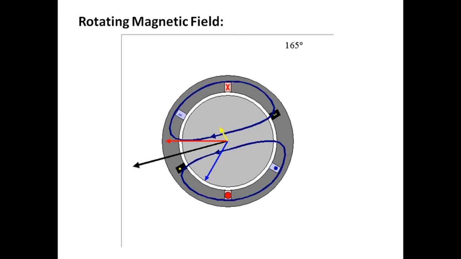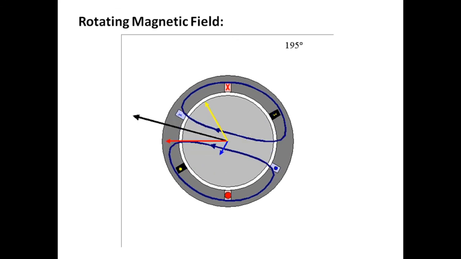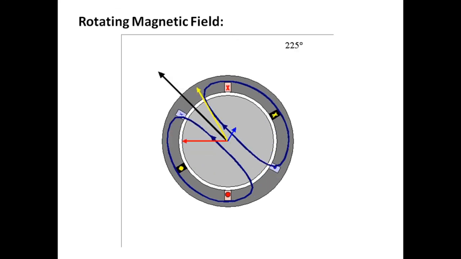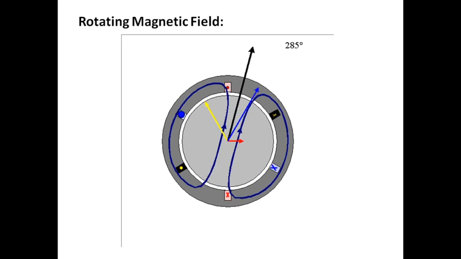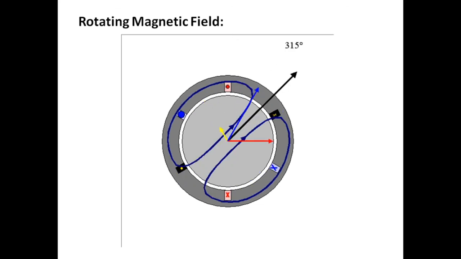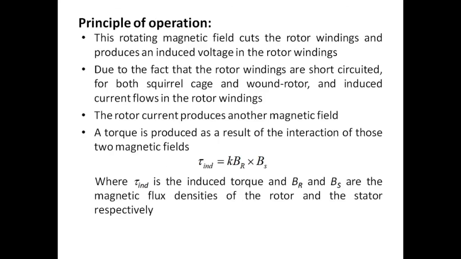That is the animation of the rotating magnetic field produced in the stator winding when the three-phase AC power supply is given. Now the principle: when I give the supply voltage to the stator, current flows in the stator winding and produces a magnetic field.